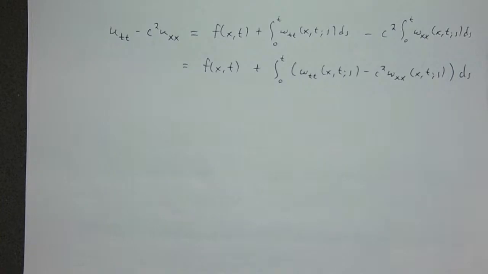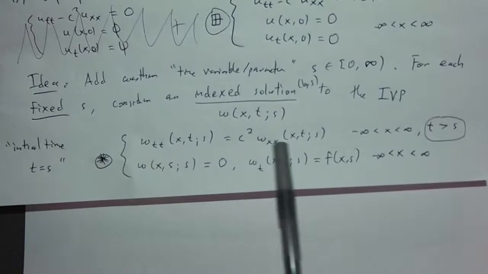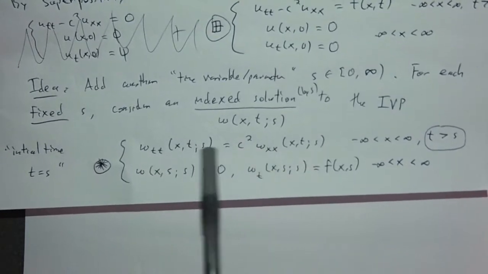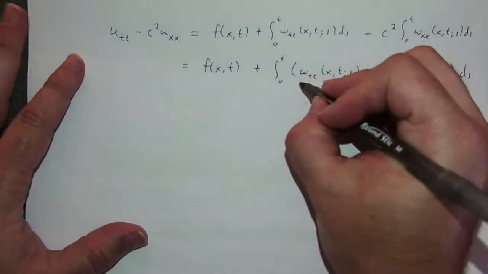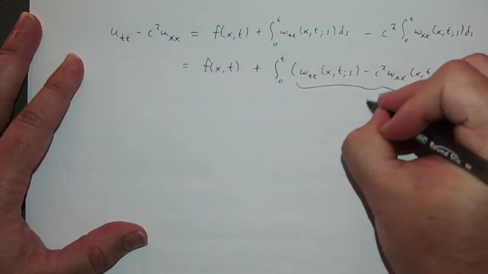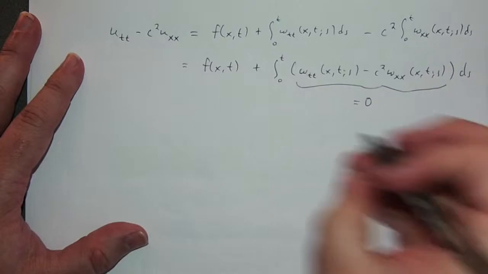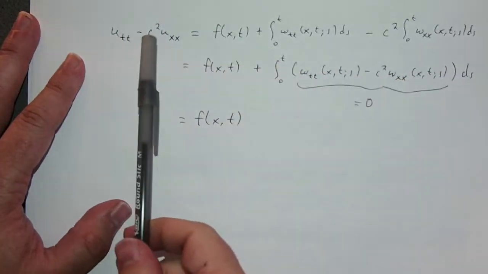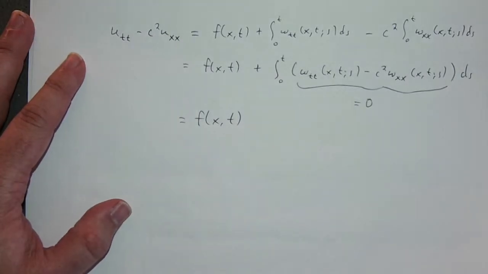Oh, but by this equation we're assuming w solves, this is 0. Right, this is exactly the wave equation that it solves, so this is equal to 0, and so u sub tt minus c squared u sub xx is f of x, t. Okay.